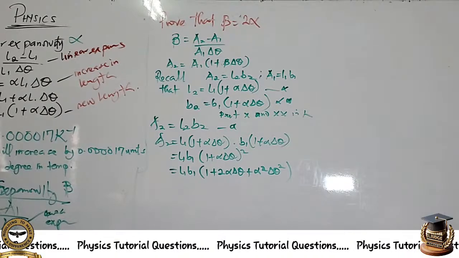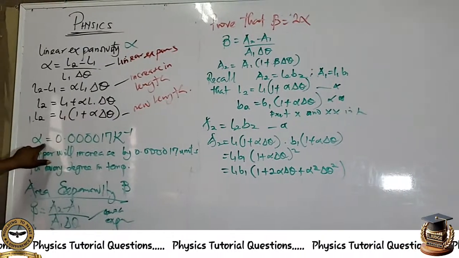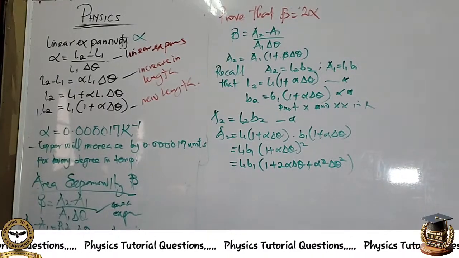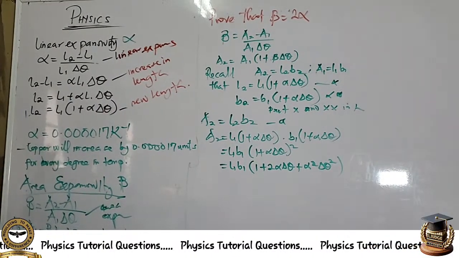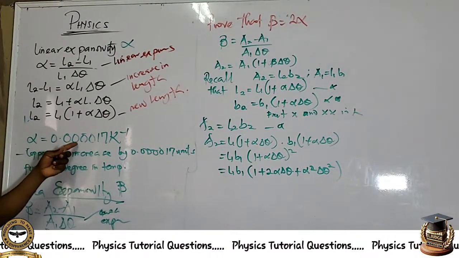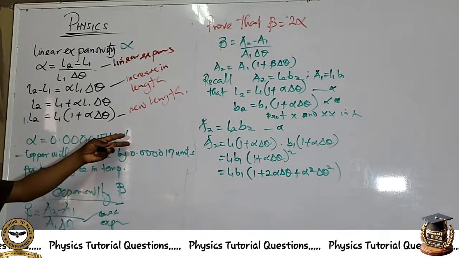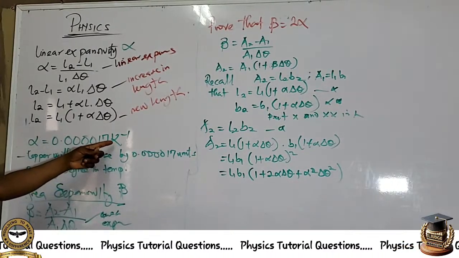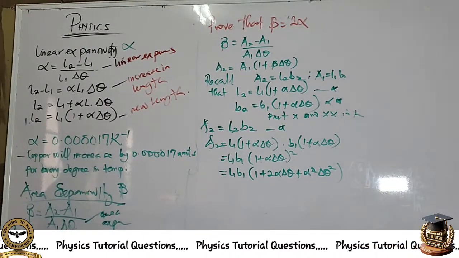Alpha for copper is given to us as 0.000017. This is very small. It's a very small amount. If I now say alpha squared, it will be giving me 0.00000 with 8 places of zeros before 17. That's a very negligible amount.